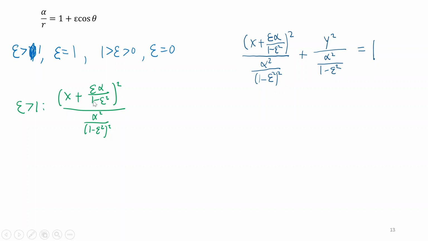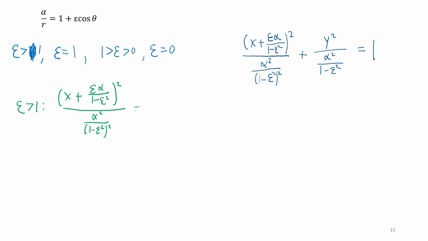This one is still just a constant. And then for the denominator, if I have epsilon greater than 1, then this 1 minus epsilon squared also is smaller than 0, but it doesn't matter because I have a square outside. So this one is still a positive constant.